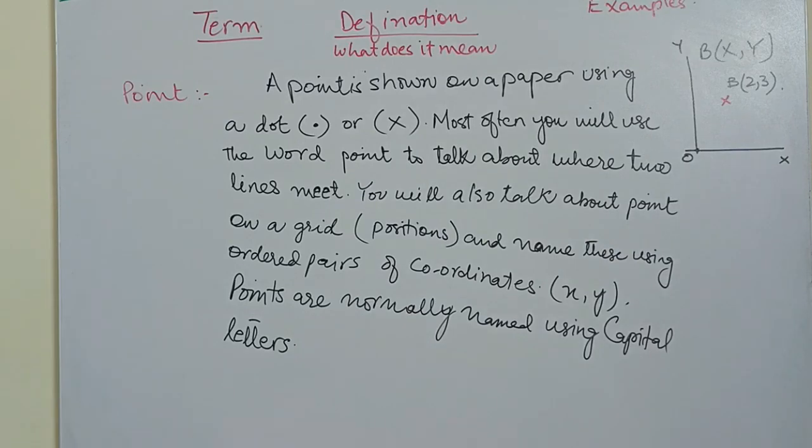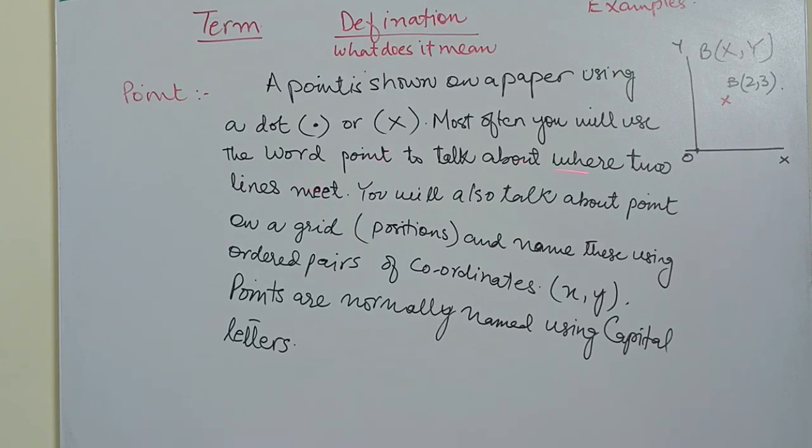Now let me elaborate on what is written in this paragraph. A point is shown on a paper using a dot. As I told you, it is a dot. A dot is a geometrical figure which has no length, breadth, or height.